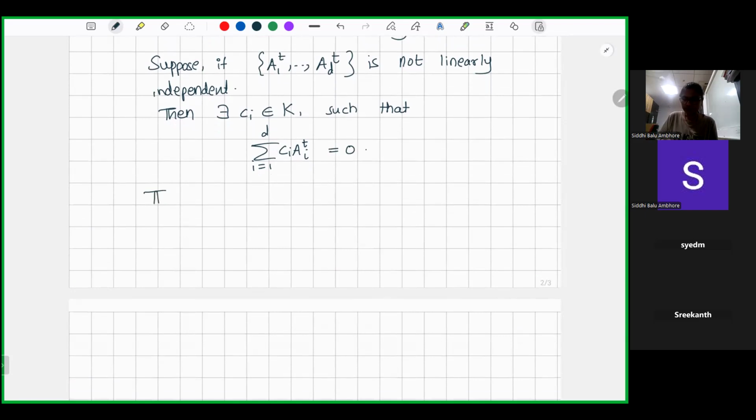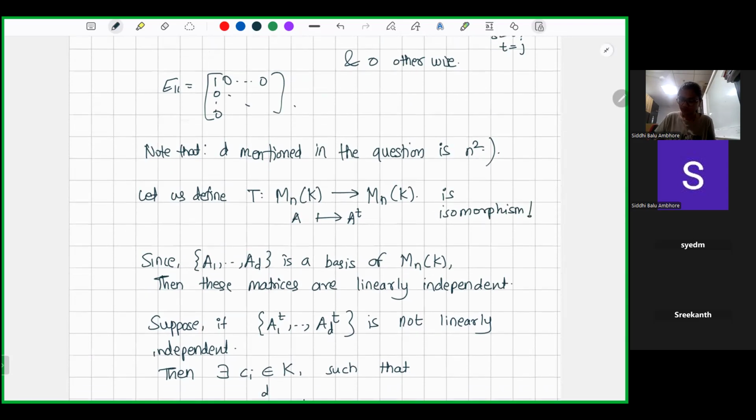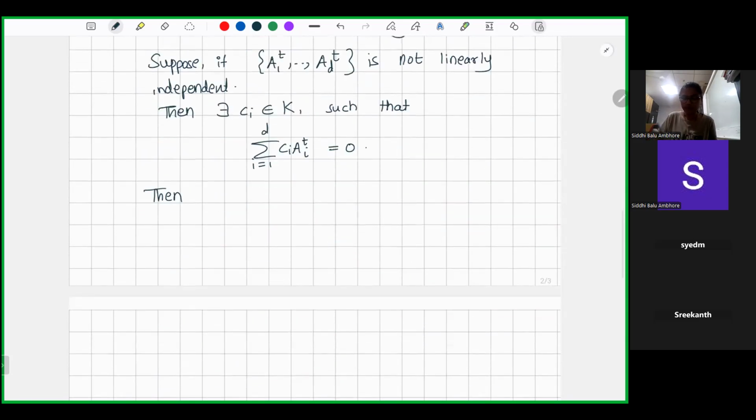Then since this T, A going to A transpose, is an isomorphism, when we apply T to this summation, i from 1 to D, c_i A_i transpose, it will be 0.